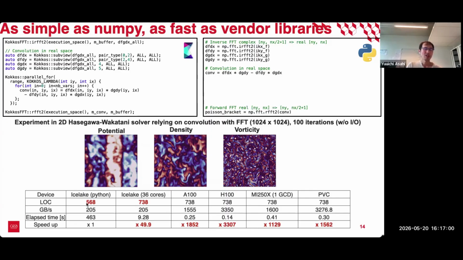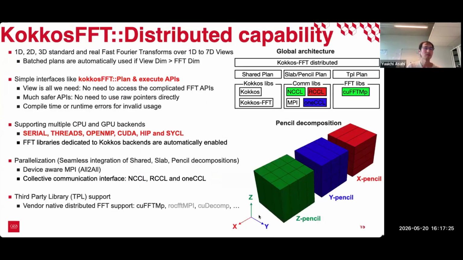Also, the lines of code compared to the Python version are just 1.5 times longer, which is very similar in terms of length and complexity. So we can write code quite simply, not much more difficult than the Python version, but still very performant and natively performant on GPUs, which is a nice feature.